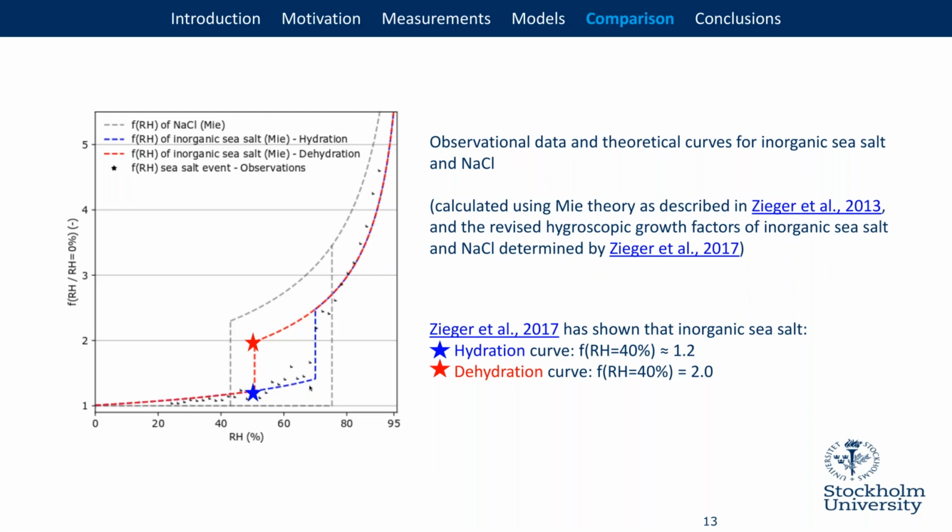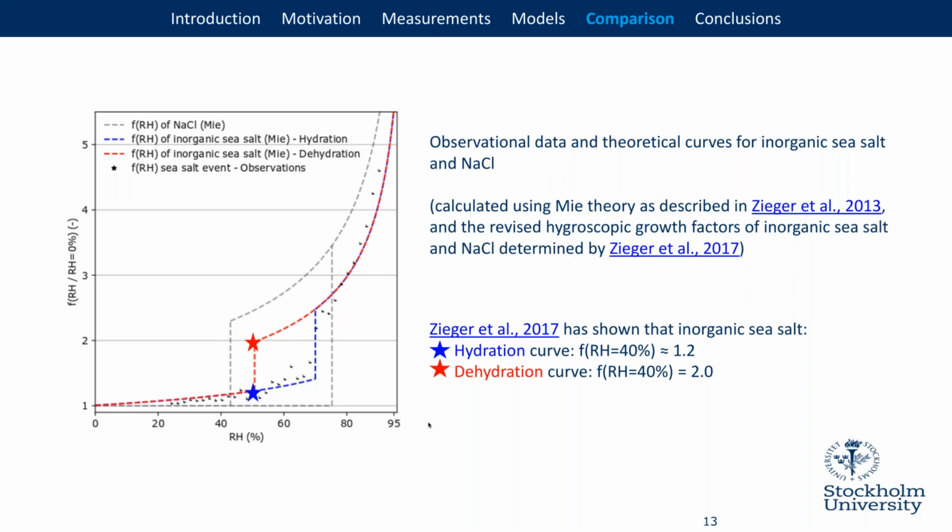The blue is called the hydration curve, and the red is called the dehydration curve, as the relative humidity decreases. And then the black stars, well, they were stars, now they don't look like stars, sorry for that. These were sea salt events, so they come from observation.